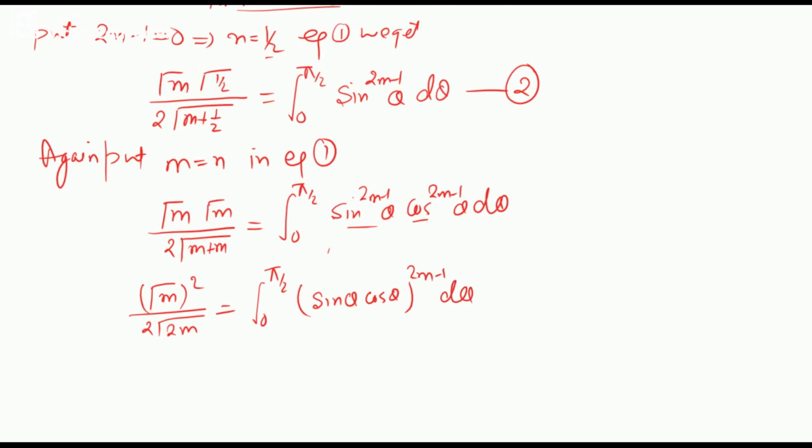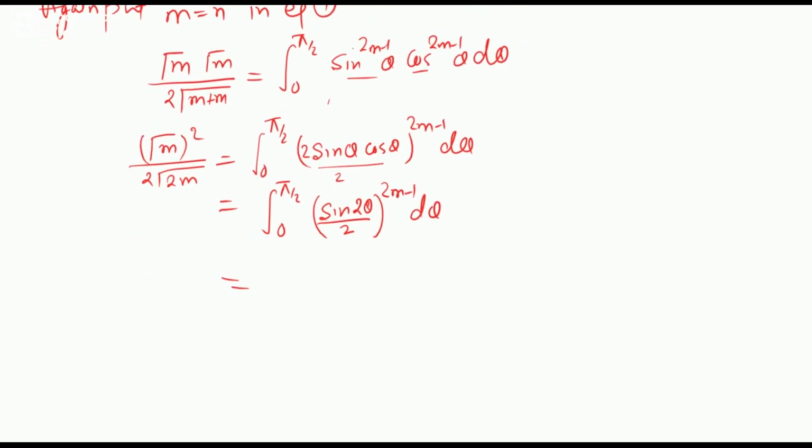Now multiply and divide by 2. In that term we can write the integral from 0 to pi by 2, and if we multiply by 2 and divide by 2, we can write (sine 2 theta upon 2) raised to power 2m minus 1 d theta. Now we can write the integral from 0 to pi by 2 of sine 2 theta raised to power 2m minus 1 divided by 2 raised to power 2m minus 1 d theta.